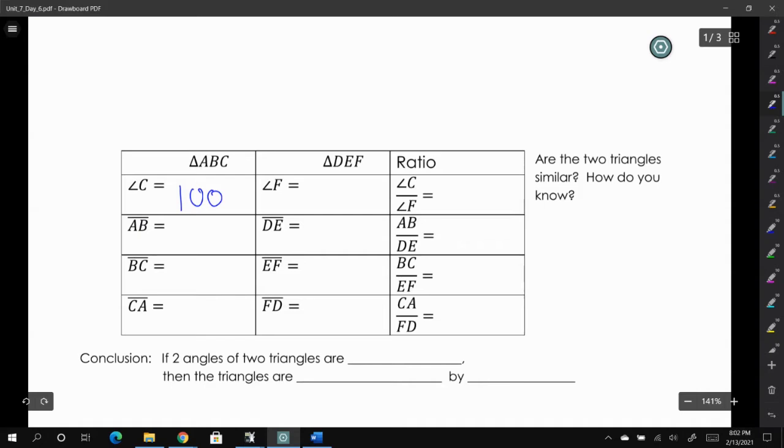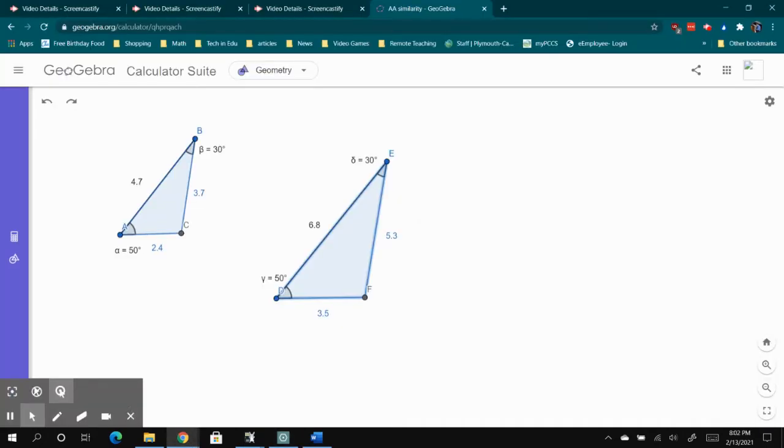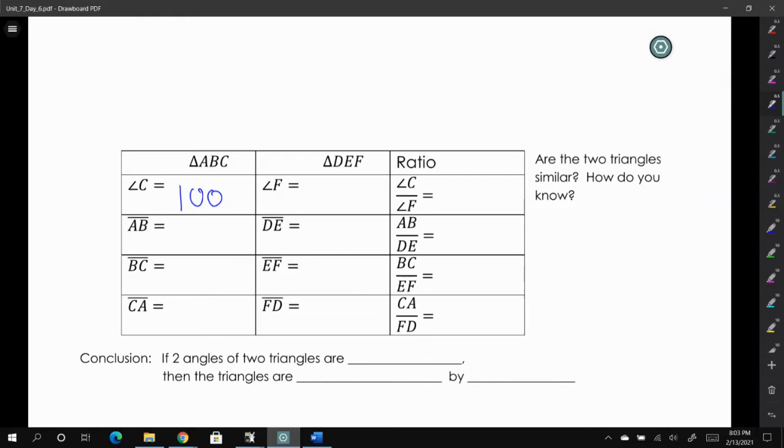And if you look at the other triangle, angle F has to be 100 degrees as well. So then the ratio of angle C over angle F, 100 over 100, equals 1.